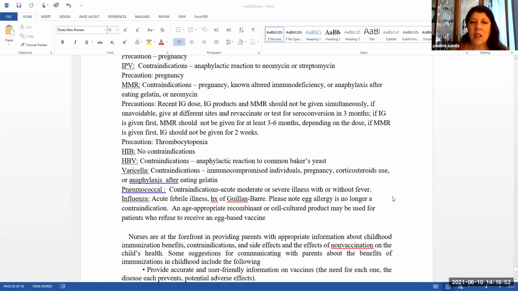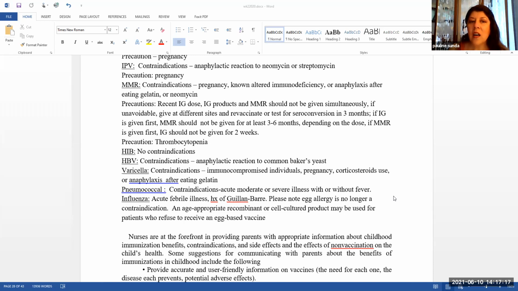Some precautions to think about. If somebody was given immunoglobulin, you do not want to give immunoglobulin and MMR at the same time. If it's unavoidable, you give them at different sites and then you revaccinate or test for seroconversion in 3 months. So you want to see, did the MMR actually take?